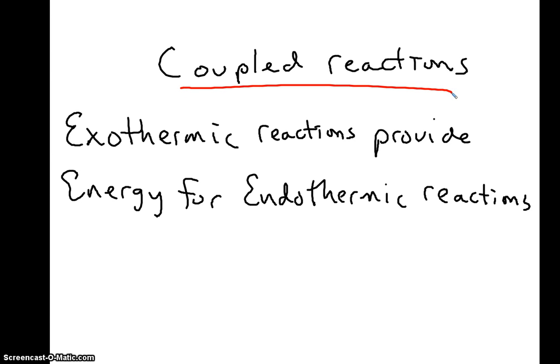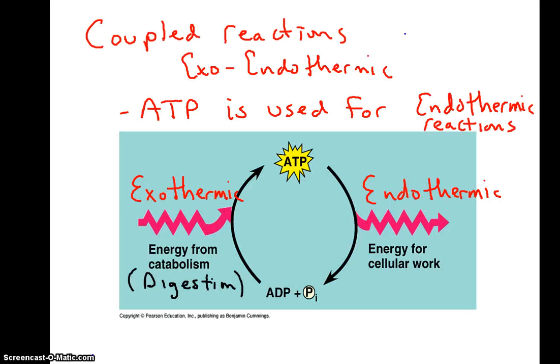So exothermic reactions provide the energy for endothermic reactions. That's why we've got to eat food in order to produce the energy that we need to carry out our body's metabolism. So we've seen a similar diagram to this, but here's the idea of coupled reactions. So exothermic and endothermic reactions are coupled together. So ATP is used for the endothermic reactions at the end.